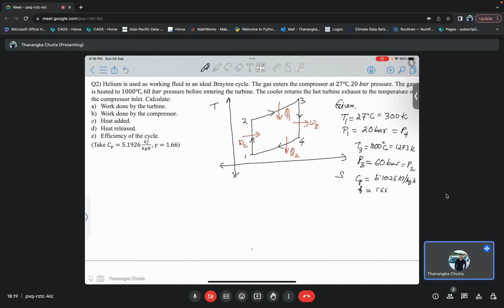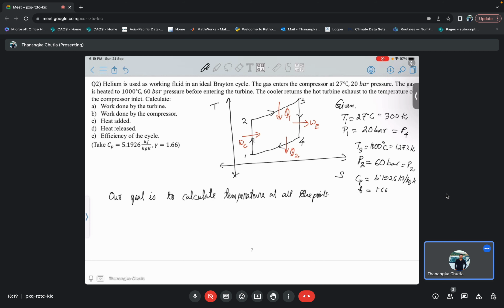So our goal is to calculate the temperature at all the points. Okay, now if you calculate the temperature at all the points, then you just have to calculate the enthalpy, and enthalpy for an ideal gas is Cp into delta T.